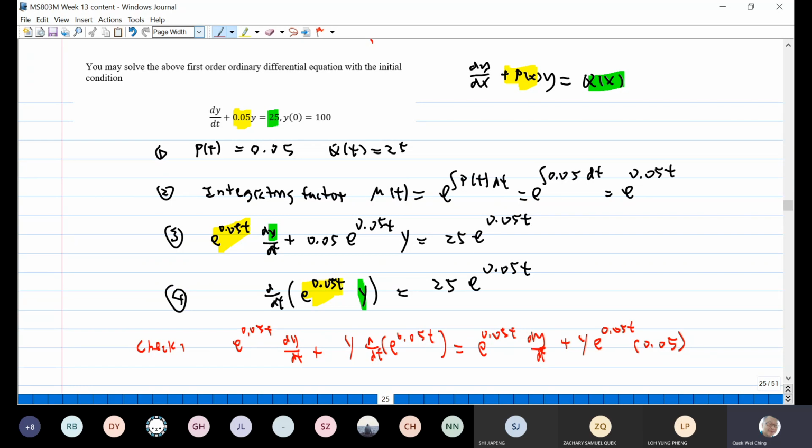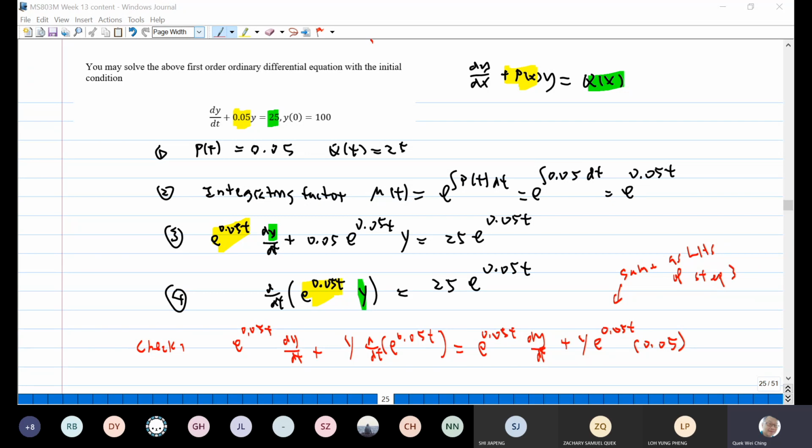You see that this is the same as the left hand side of step 3. If you made a mistake in the integrating factor, they would not be the same, so you would know you made a mistake. Usually I trust that you don't make mistakes, so you can skip this step. Anyway, you can check, put them together.